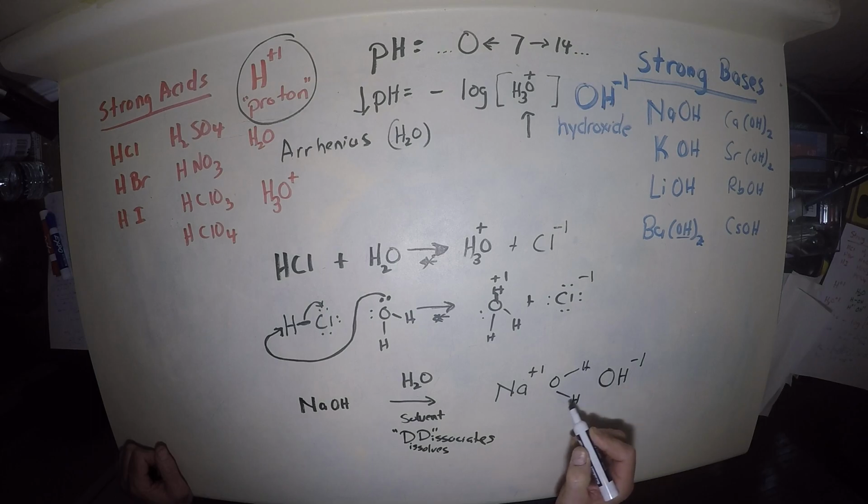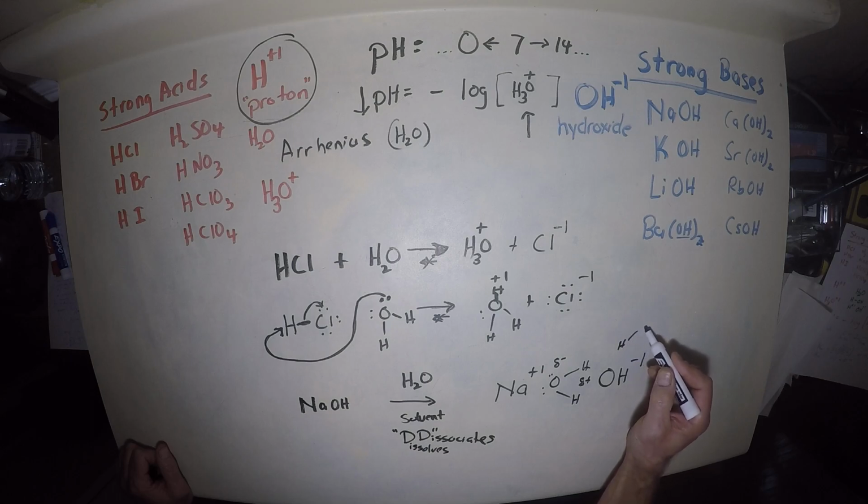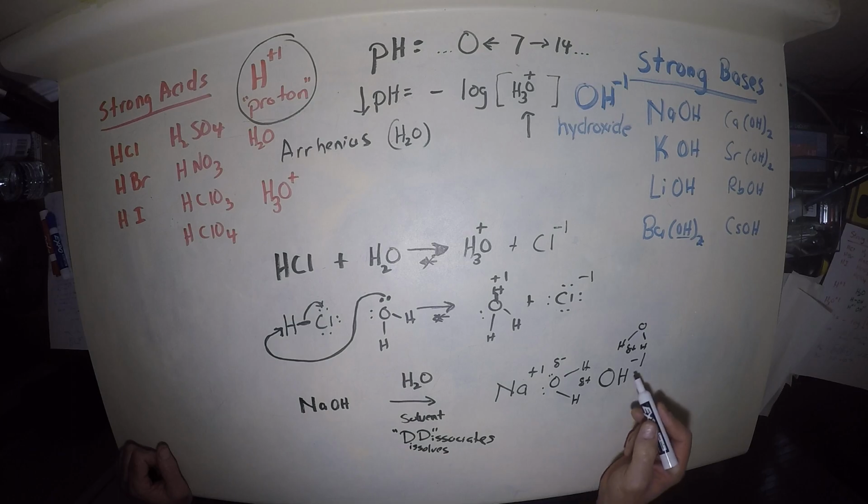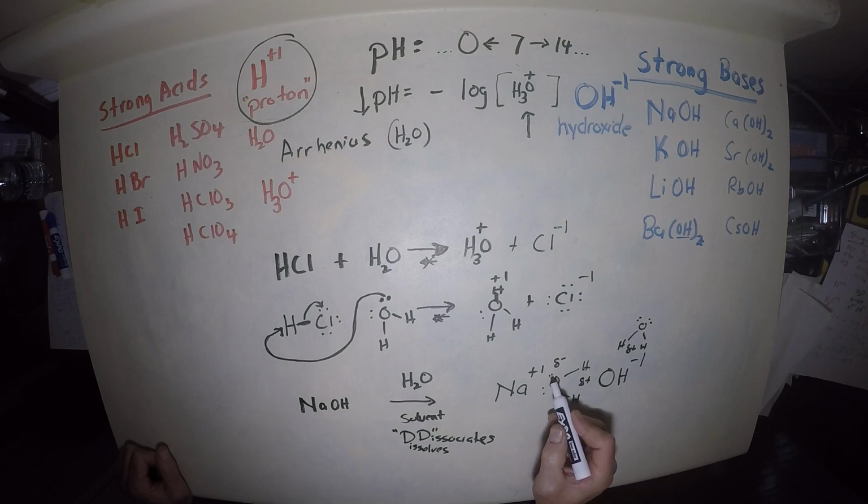So because of water's polarity, having a highly electronegative O and an electropositive area between the two H's, it's able to stabilize both the hydroxide ion as its negative with water's partial positive charge, and it's also able to stabilize the sodium ion.